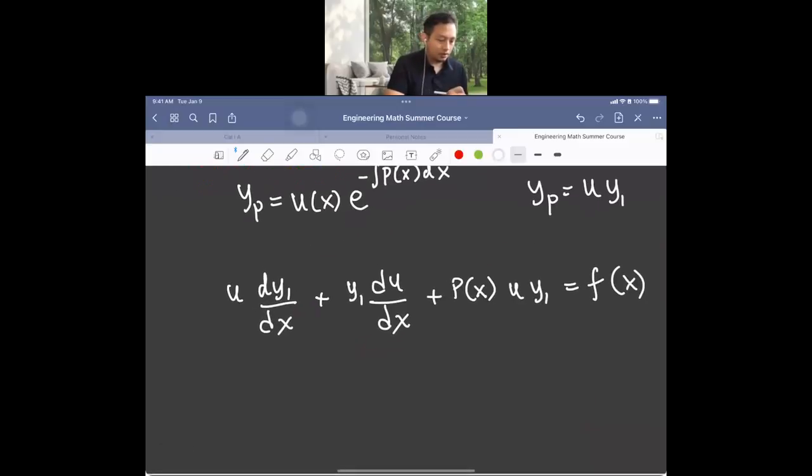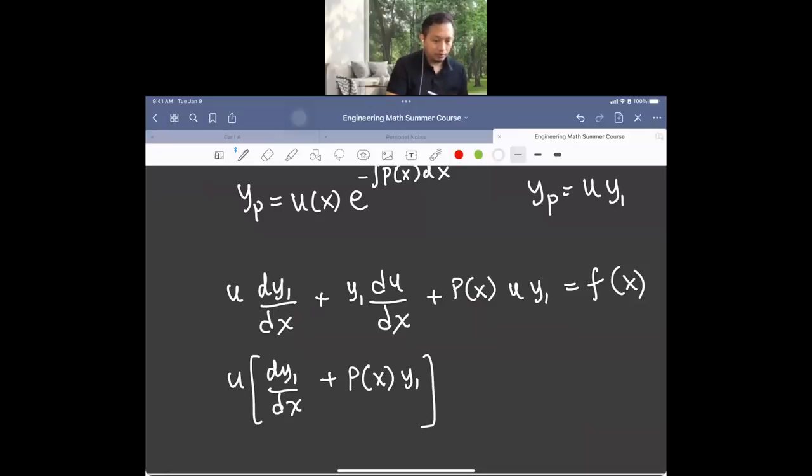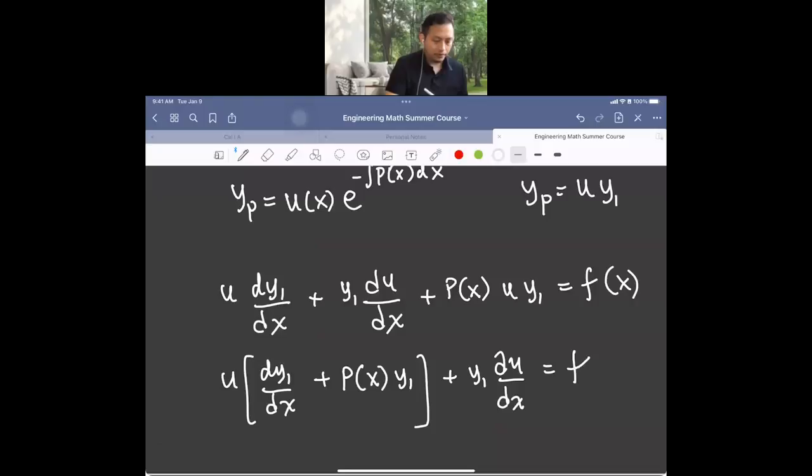And then we group some values, so u times dy1 dx plus p of x y1, and then plus y1 du dx equal to f of x.